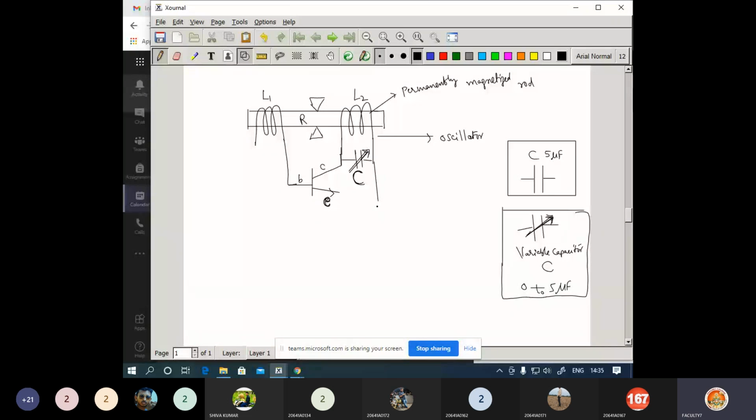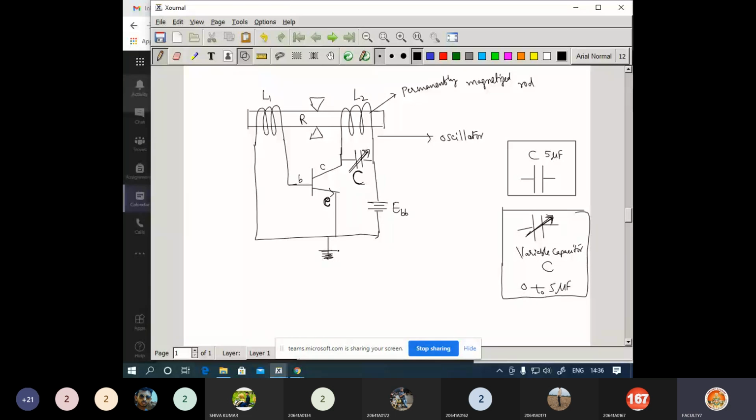Now here you are going to connect a supply, a DC supply here. You mark this as E, or if you want you can take this as a battery, EBB. And this is a closed circuit. Now this is connected here, and here you need to give a grounding.